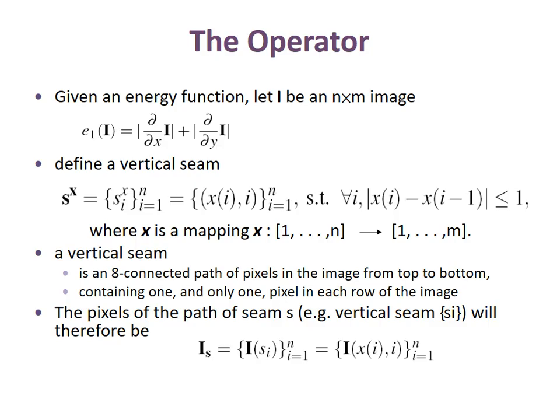Okay, and then the pixel of the path of the seam s will be I_s. This is also a set, and I is the image. So s defines the XY coordinates. We can use these coordinates combined with the image to derive the intensity of this image.